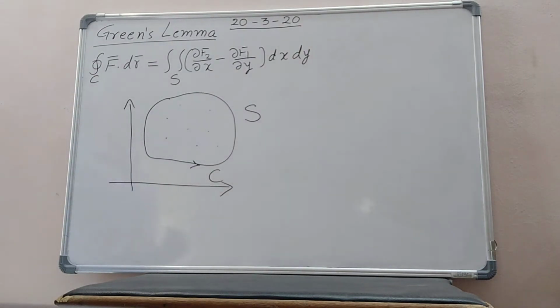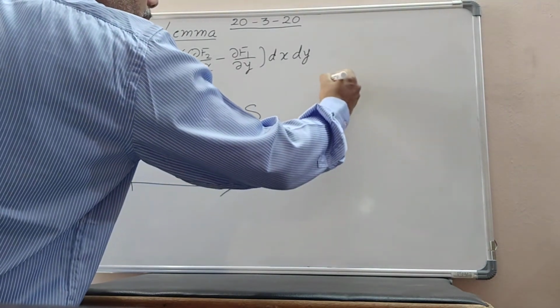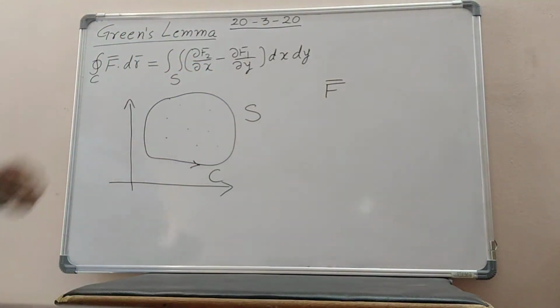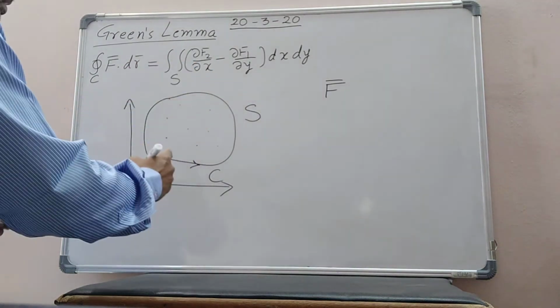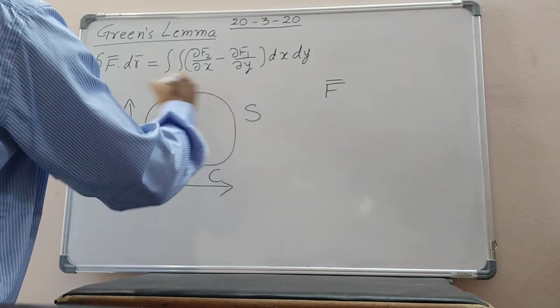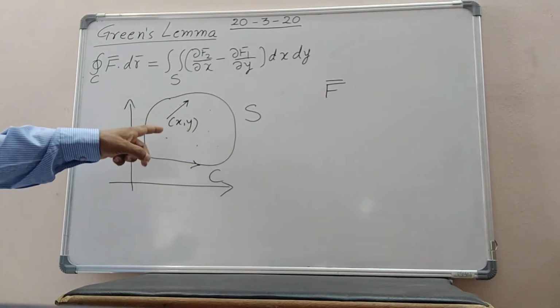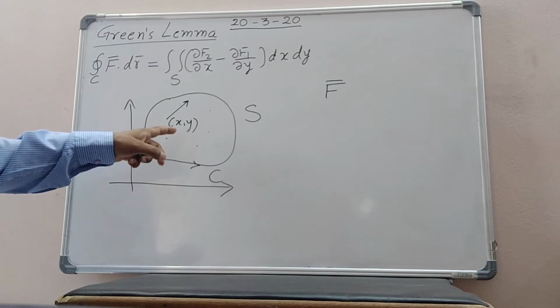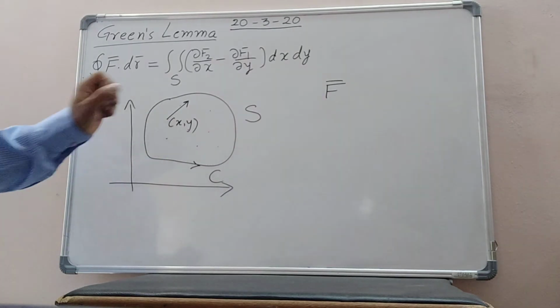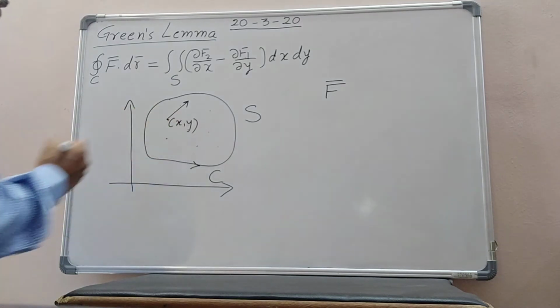What is f bar? F bar is a vector field. So at each point on the curve and within, so if x comma y is a point of such a kind, you can think of this as the tail of the arrow.